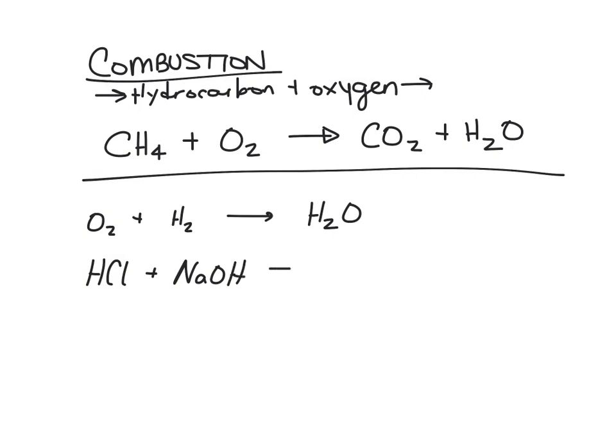I can look at that and do a prediction on there. And I know that, well, look at this. There's a plus, and then a negative and a negative. So the pluses are going to swap places. And so what happens is I get NaCl being formed and HOH, which is also known as water, which is H2O.